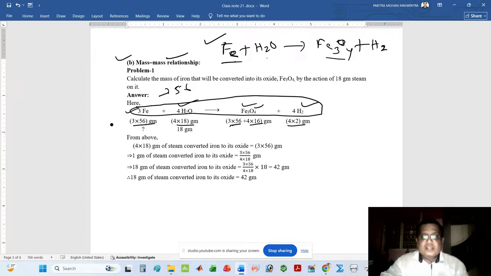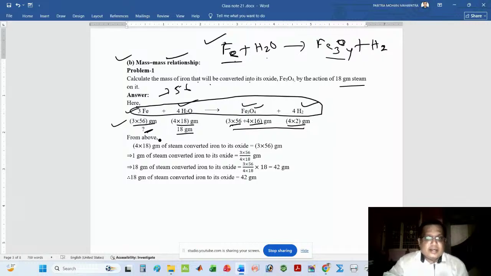Look again at the question: calculate the mass of iron that will be converted. That means our target is to find the mass of iron, converted into Fe3O4 by the action of steam. It is not necessary to write this term; only write iron and water.